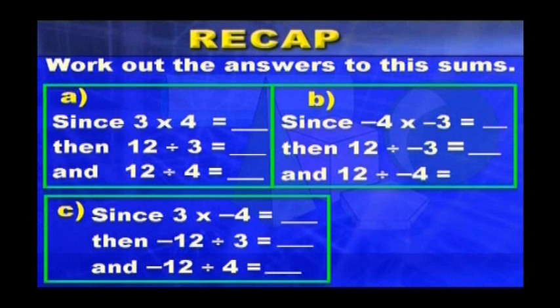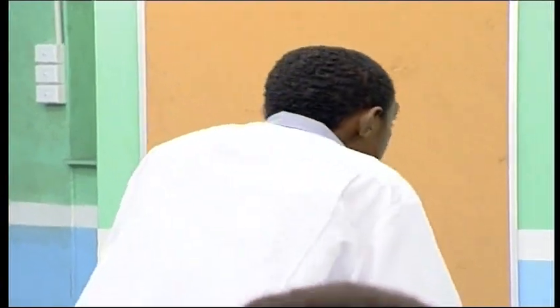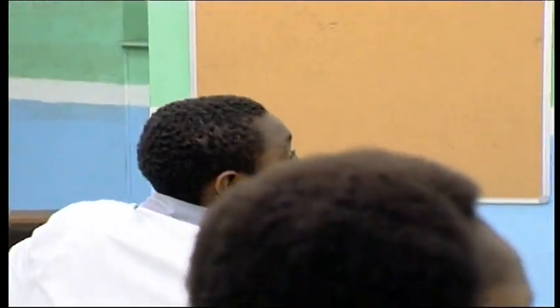Who has finished exercise A? What is 3 times 4? 12. Very good. I will just write the answers down.